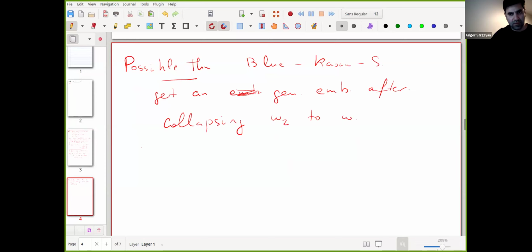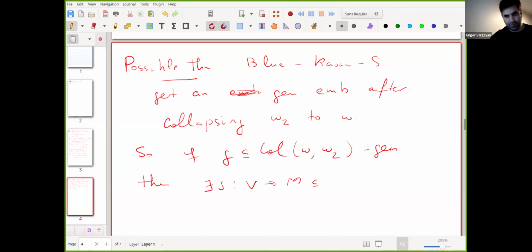So if G is Col(omega, omega-2) generic, then there exists j: V into M in V[G] such that M is countably closed in V[G].